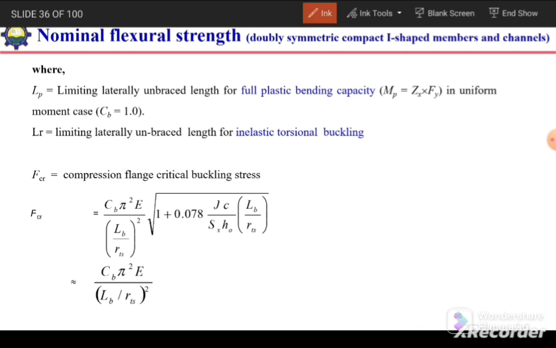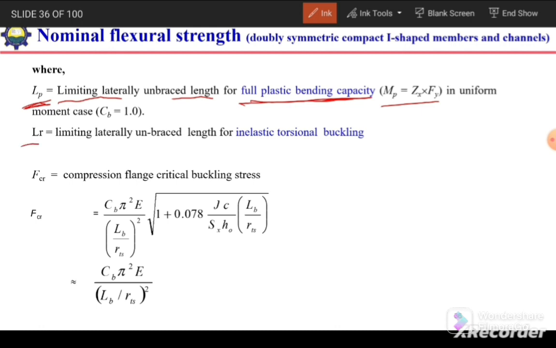Here Lp is the limiting laterally unbraced length for full plastic bending moment capacity. If the unbraced length is less than or equal to Lp, then we will have full plastic bending moment capacity given by Zx times Fy. So this is the limiting value which defines the unbraced length for which we can get the full plastic bending moment capacity.